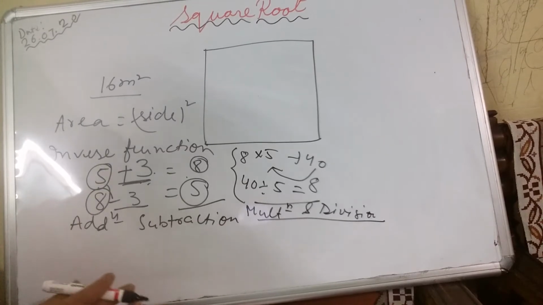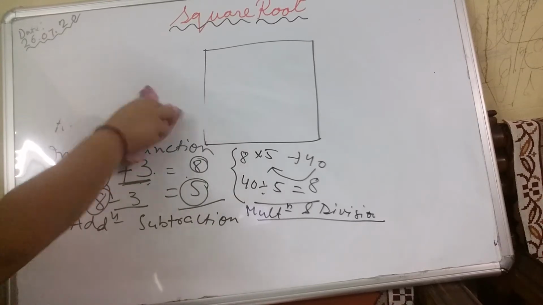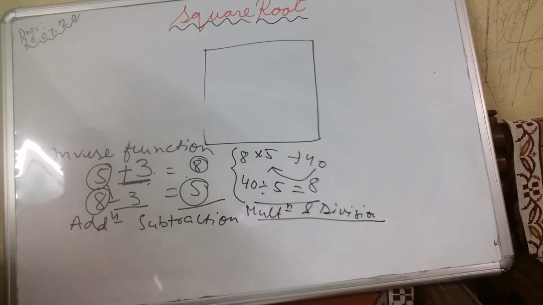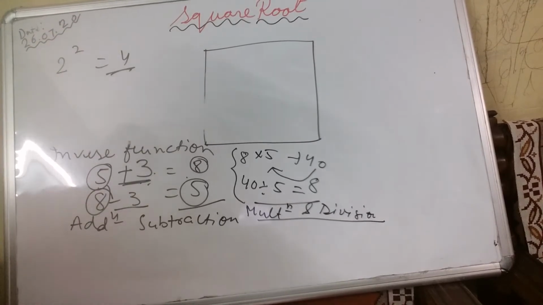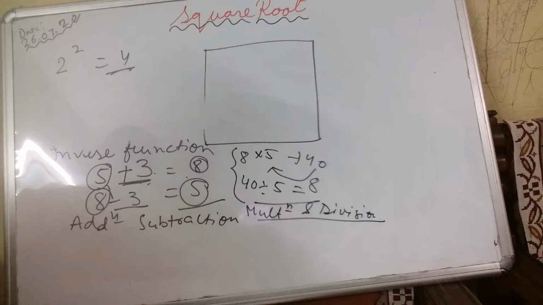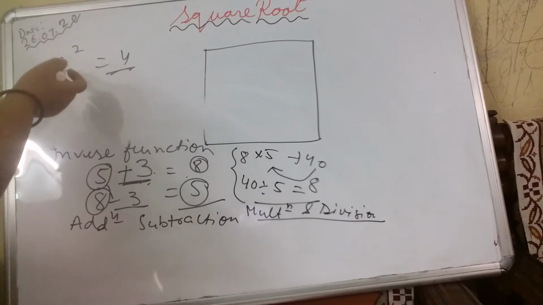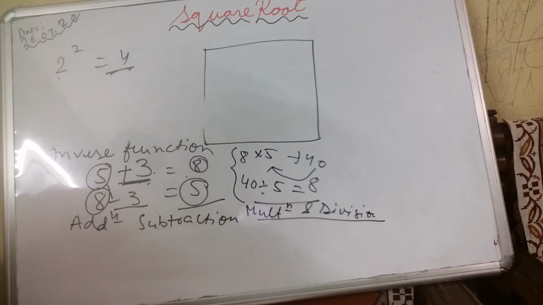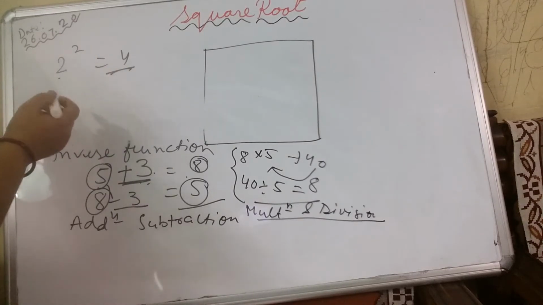Now if I ask you to find out square of 2, 2 square is what? 4, okay? If I want 4 from 2, what will you do? You will just square, means 2 into 2 you will get 4. Now if we have to get 2 from 4, what will you do?